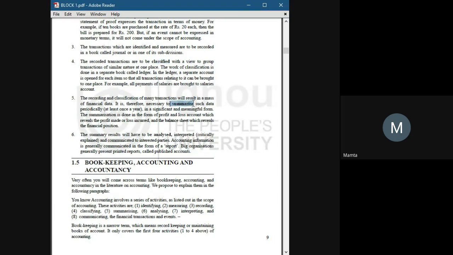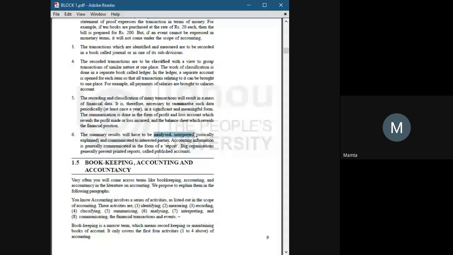After classifying, at the end of the financial year we make final accounts, which are trial balance, profit and loss account, and balance sheet of a company or an organization. So all these accounts are summarizing, and at last we analyze and interpret. We interpret at last whether we have made profit or we are at a loss. So this is called interpretation of that data.